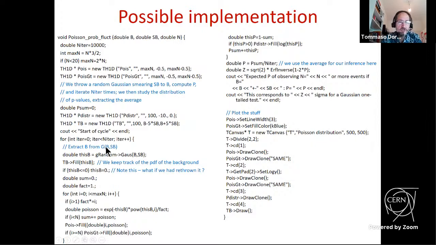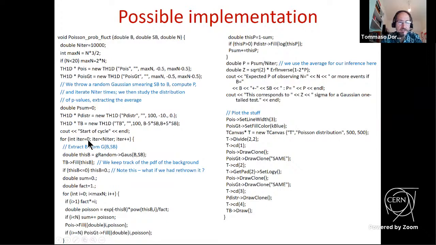And you see that we get to pass parameters B and SB, the uncertainty on B. Here we want to add, apart from 2 histograms, one that gives you the p-value distribution, because instead of having one single p-value, we will have a distribution now when you want to plot it. But the core of it is that you sample a number of times.